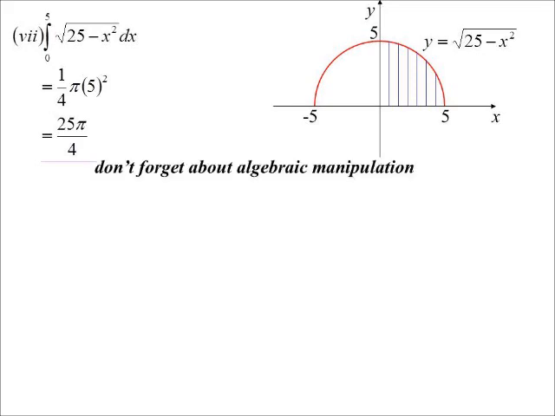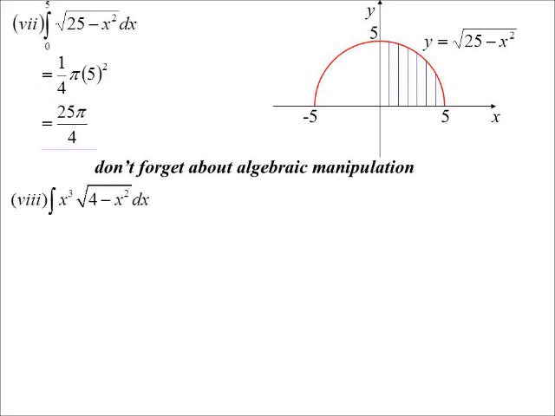Oh, an algebraic manipulation. What's this one? Integral of x cubed times the square root of 4 minus x squared dx. Alright, I'm going to rewrite that. Have a look at it closely, what I've done. You'll notice the x cubed, it's there, minus x times minus x squared.